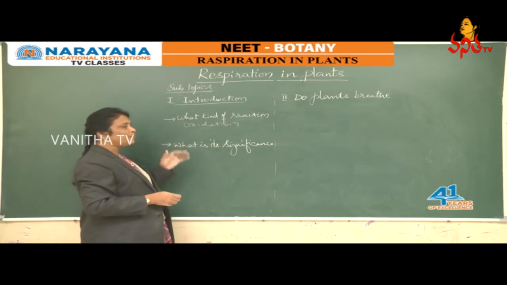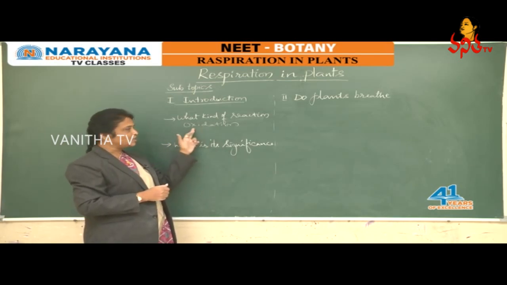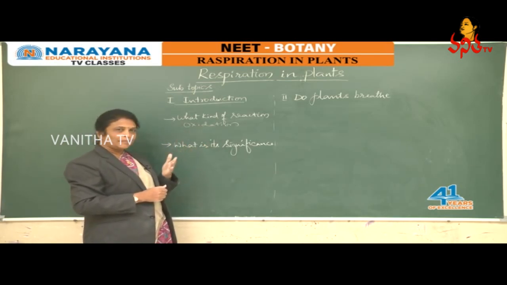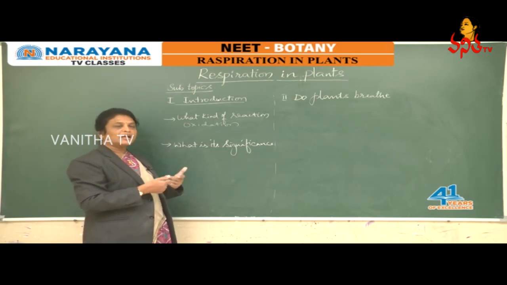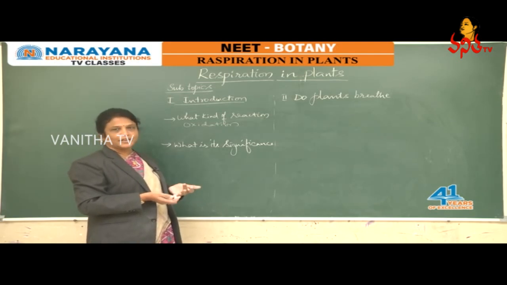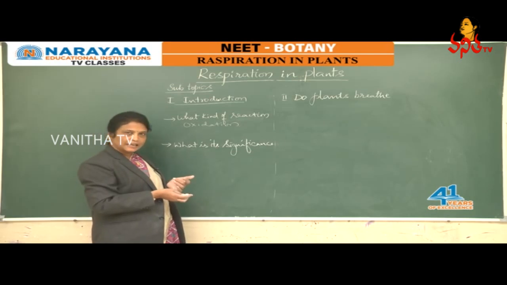Here the food material carbohydrates undergo respiratory breakdown, that is oxidation, while liberating energy in a stepwise manner, methodically, and that energy liberated is converted into chemical energy, the available form of energy, that is ATP.